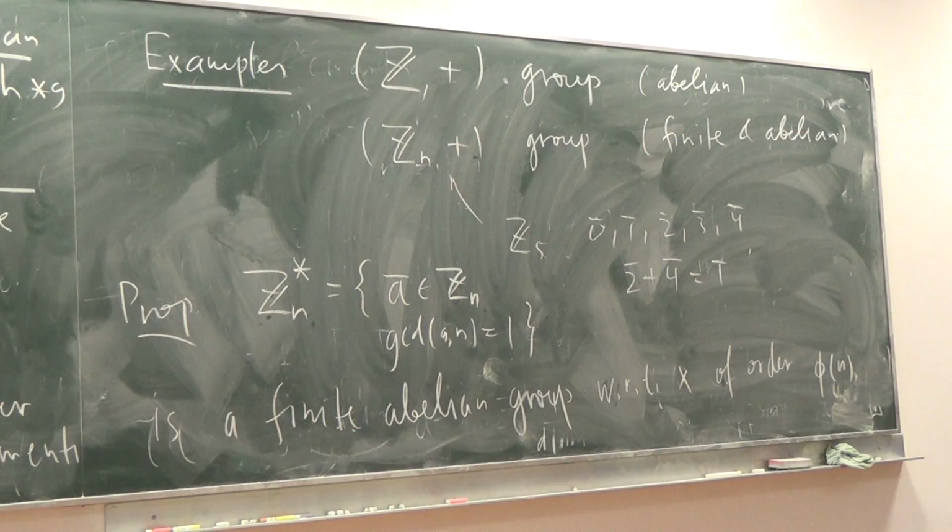So I'm looking at this Zn star with respect to multiplication. Associativity is A dot B dot C is A dot B dot C, and we can just say that it's true since it holds for integers.